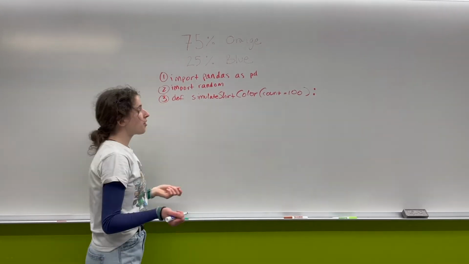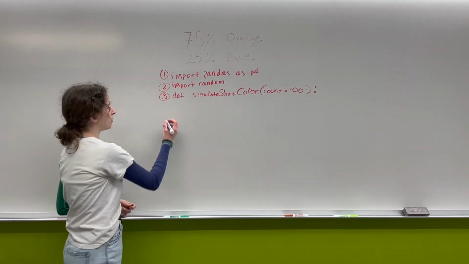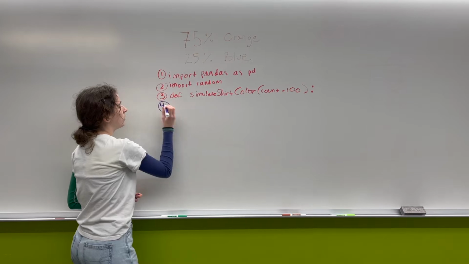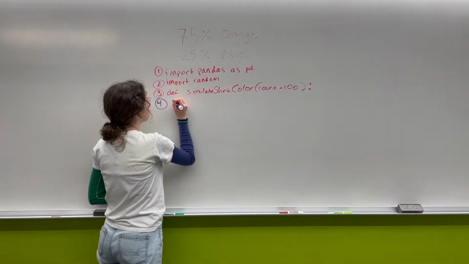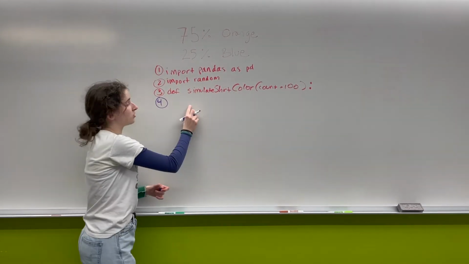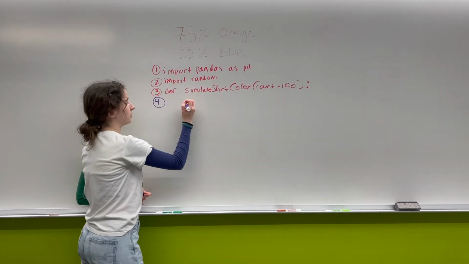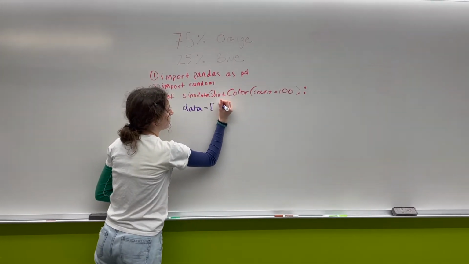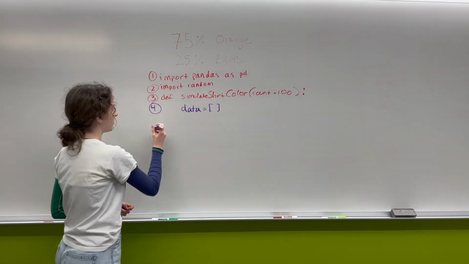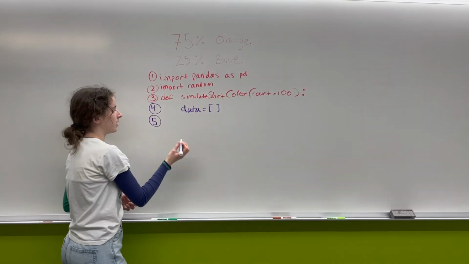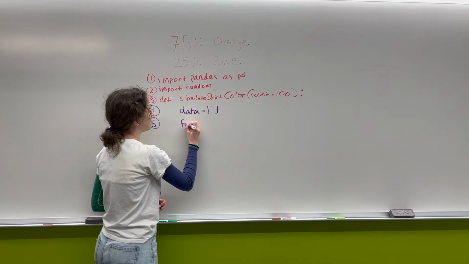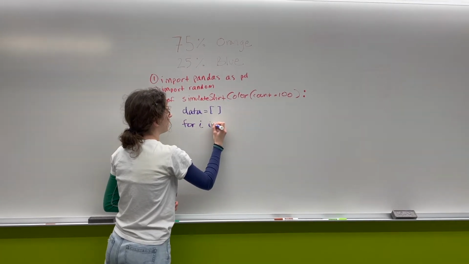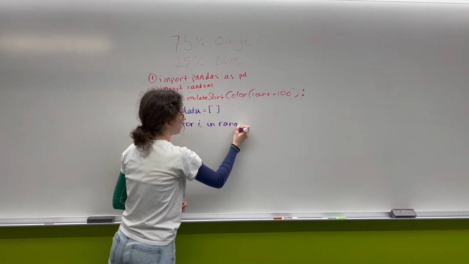So let's go through the steps of our simulation. First, you always want to create, and also make sure it's indented once, that everything inside this function. Create an empty list to store the data, and then start writing a simulation for i in range.